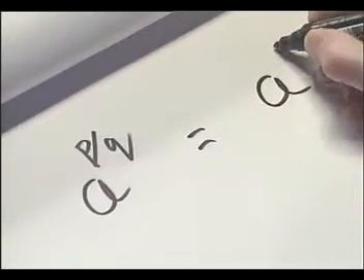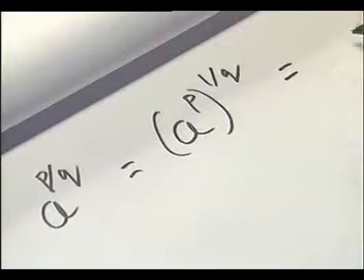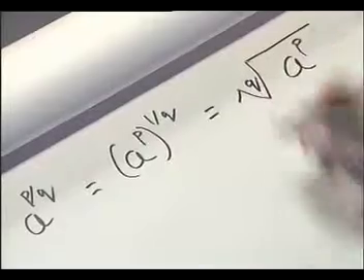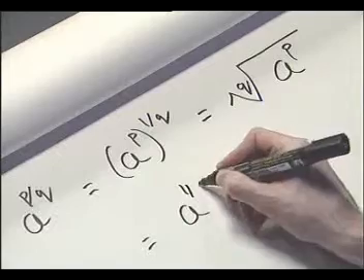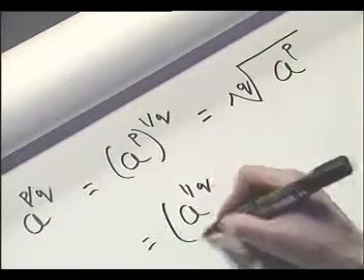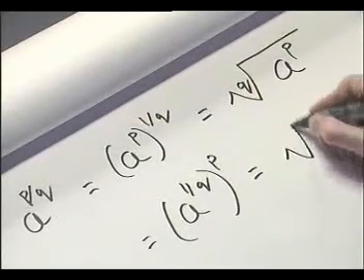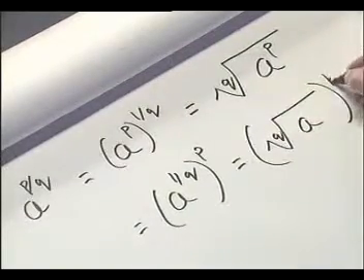We can write it as either a to the power p, find the qth root of it, which might be written as a to the power p, find the qth root, or it might be written as a, let's take the qth root and raise it all to the power p. So we might have a, find the qth root of it, and raise it all to the power p. Either result is exactly the same.